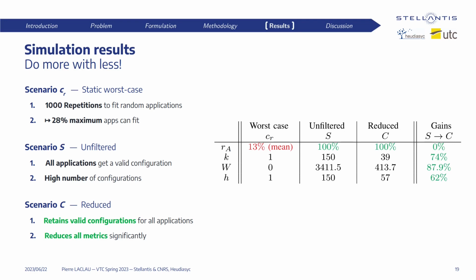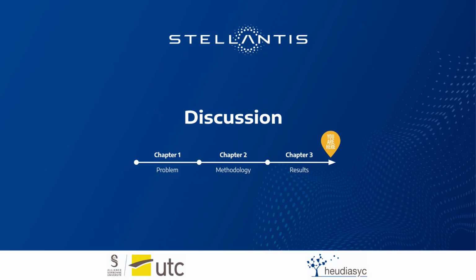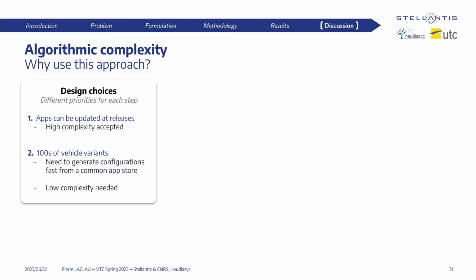Great. So just to discuss a little bit what this looked like, let's talk about complexity, because of course it matters when you are an automotive OEM with hundreds of vehicle variants. What we chose as a design when choosing the algorithm is to not put too much priority on the initialization step.